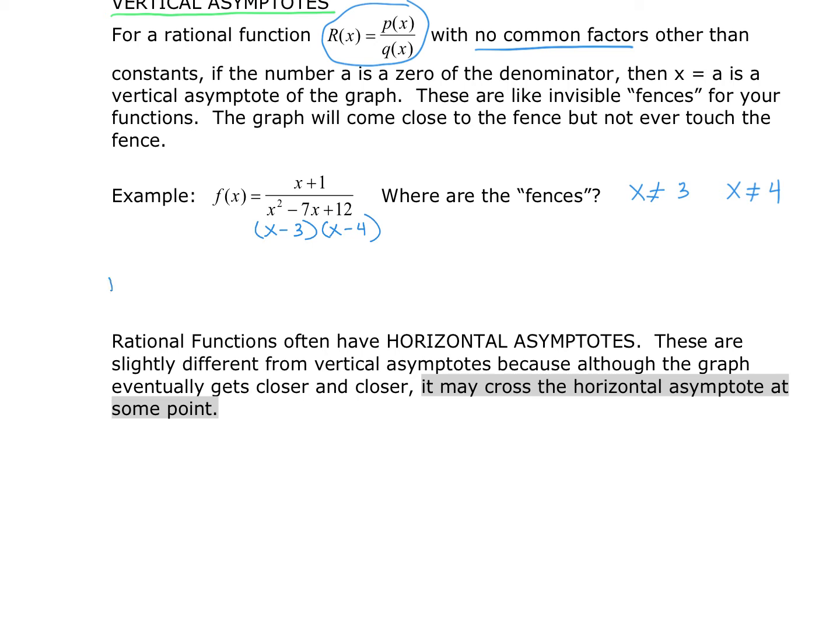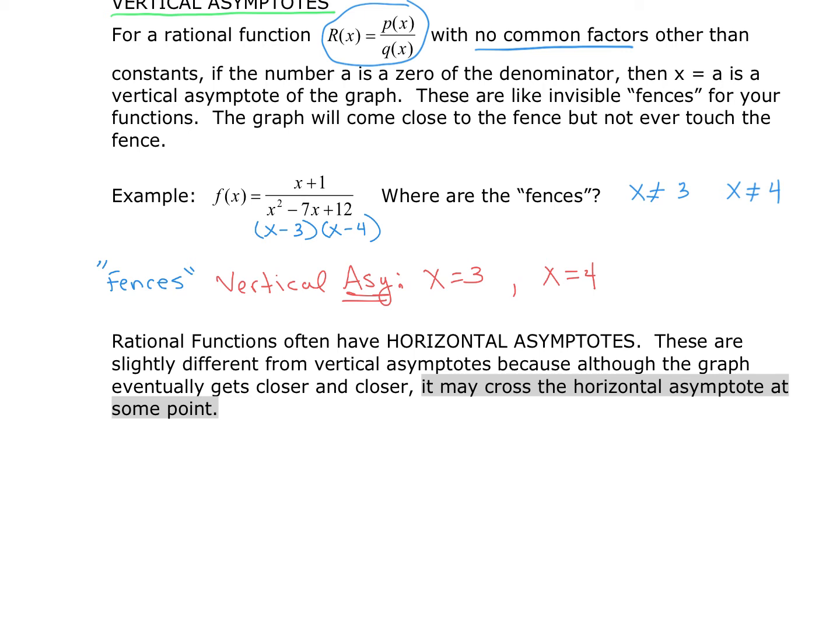So our fences, which are our vertical asymptotes, are going to be at x equals 3 and x equals 4. And keep in mind that an asymptote is an equation. So if you're asked for vertical asymptotes, you can't just say 3. You have to say x equals 3.